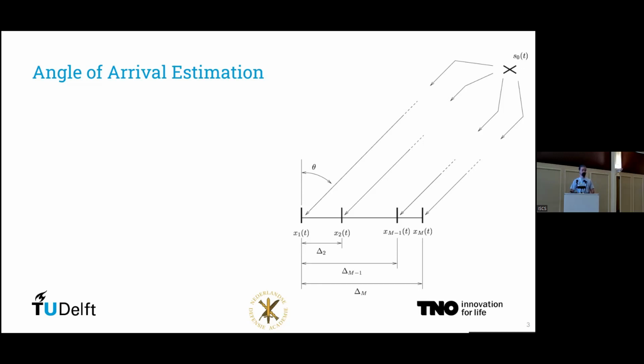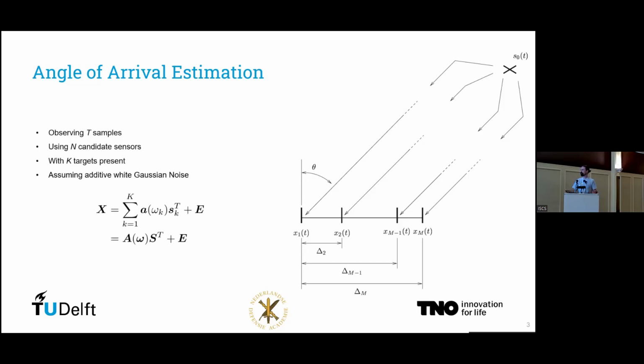So this is the far field assumption. And then, based on the inter-element spacing of the candidate array, we can say, okay, if a target is at a certain angle with respect to our array, we know what the delays are with which this signal is received at the different elements. We know what that is supposed to be.